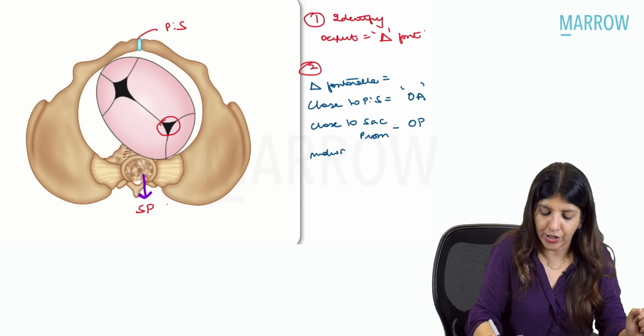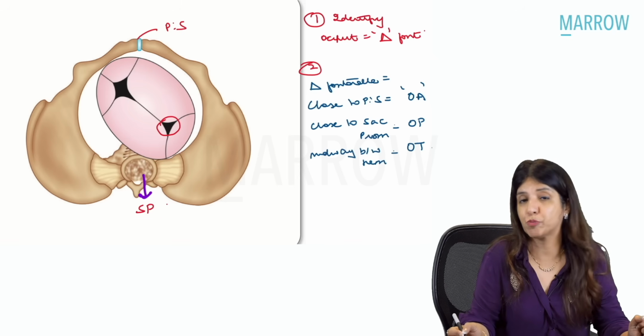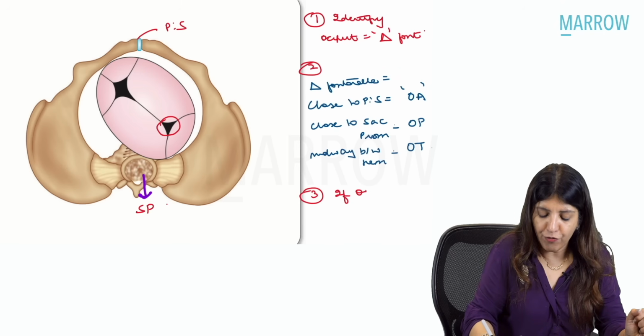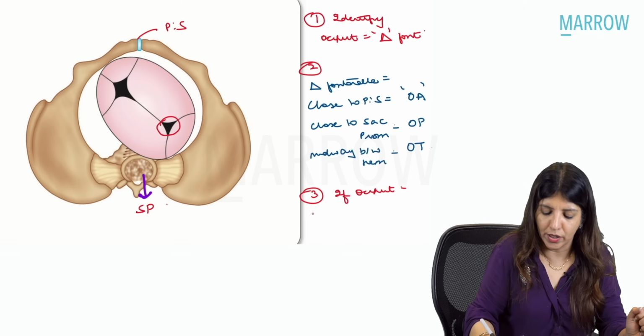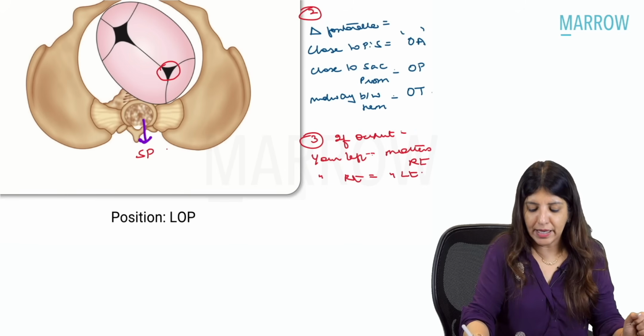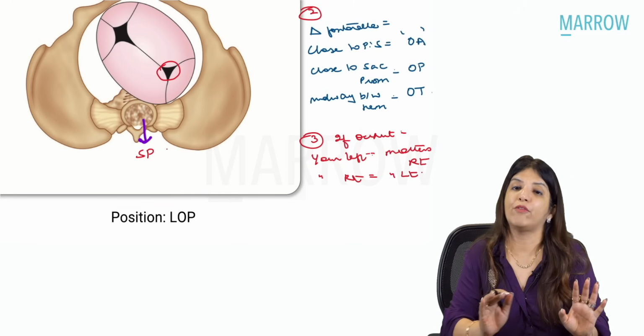And if it is midway between them, you are going to call it occipito-transverse position. Right? Then comes the third rule. If the occiput is towards your left, it will be mother's right. And if it is your right, it will be mother's left. Please just remember this rule and follow it.